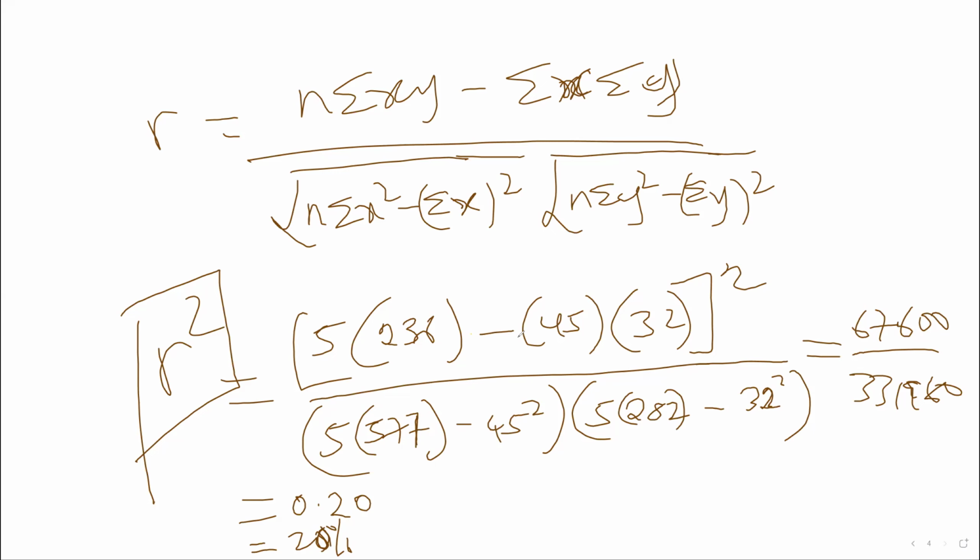So 20% of the variation in the cost of the project or the road construction is explained by the regression of our cost on mileage. That's how it should be interpreted.